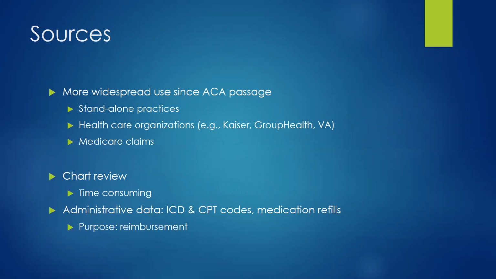It wasn't designed to be used for research. So there are limitations to using codes and there may be errors, or there may just be things coded differently than you might think based on what the definition is. So it's important to think about what codes mean in relation to reimbursement and how that might influence how they're used.